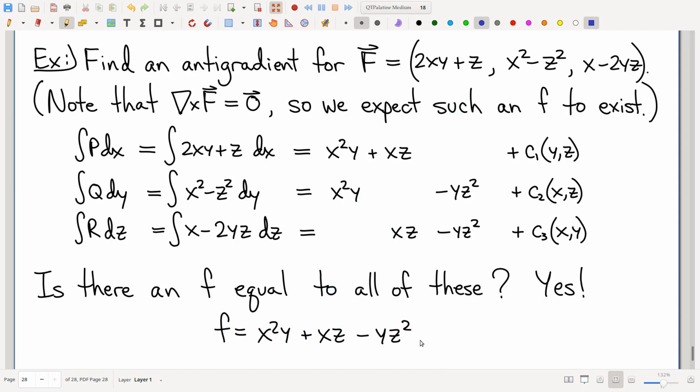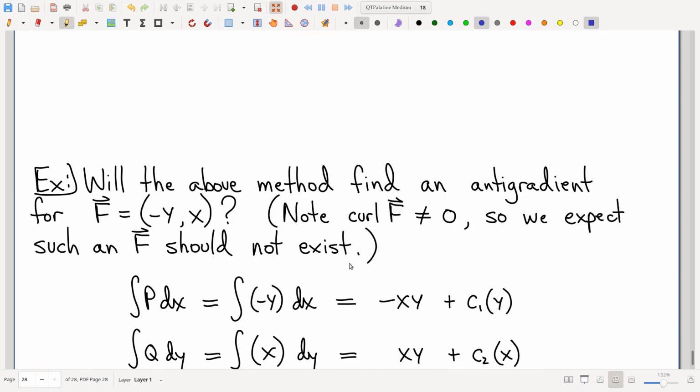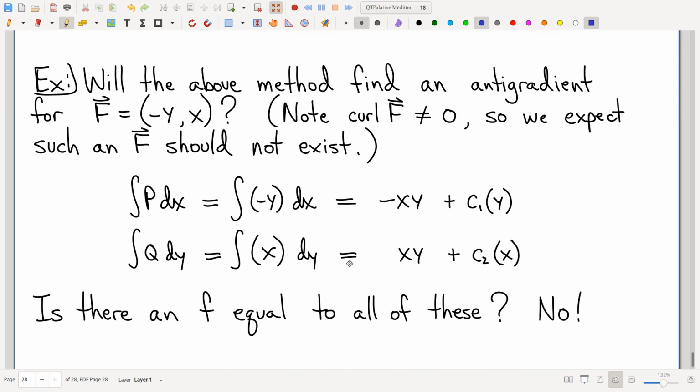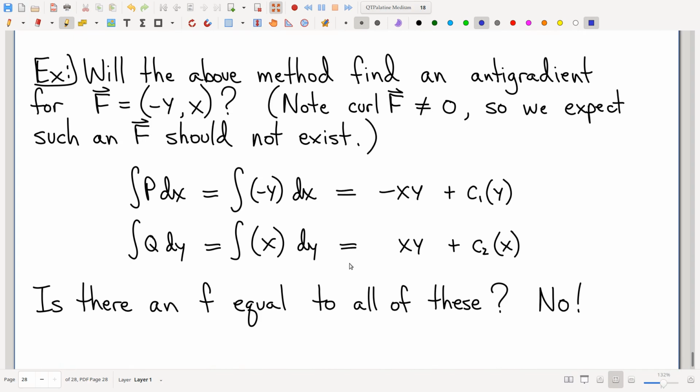Alrighty, let's see a two-dimensional version of this. And by the way, we're going to lose on this one. That's life. Sometimes you lose. Not every vector field is a gradient. In fact, from a certain point of view, most vector fields are not gradients.